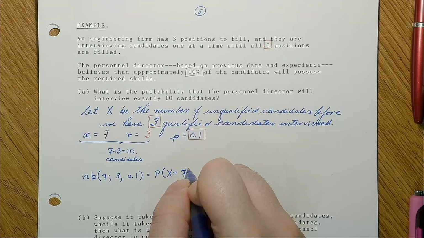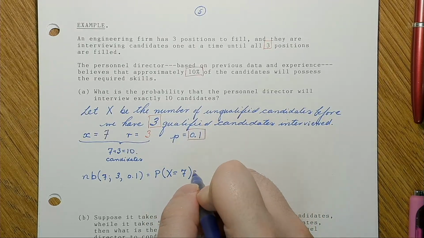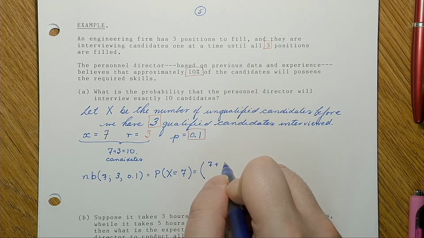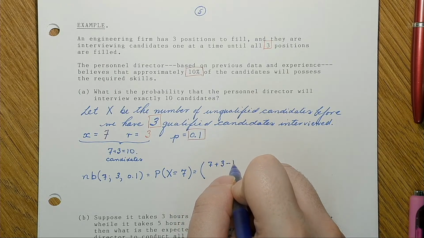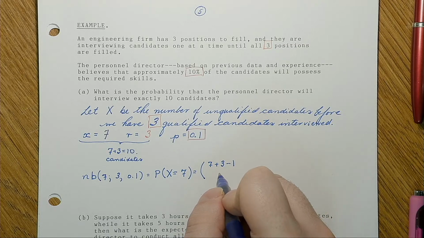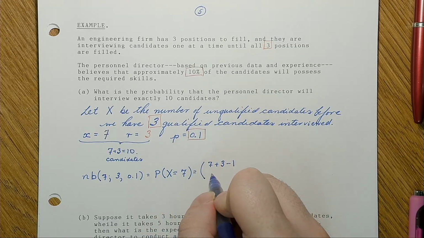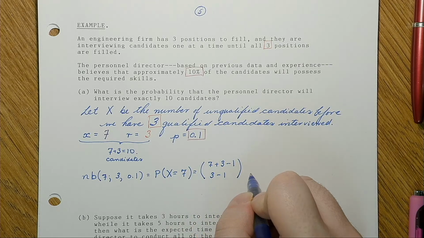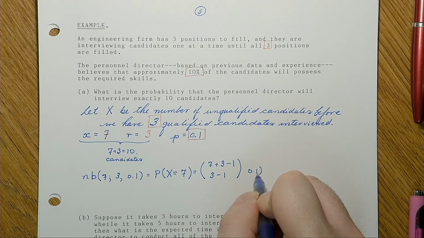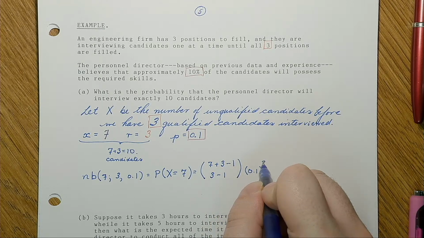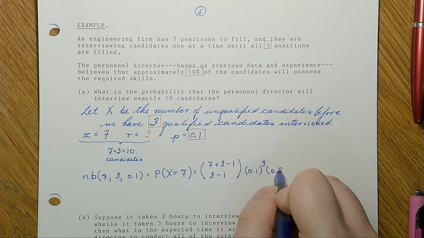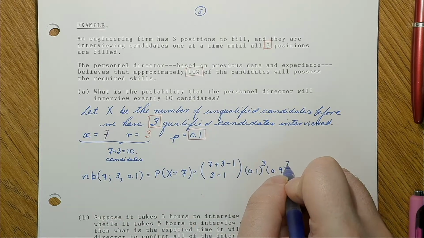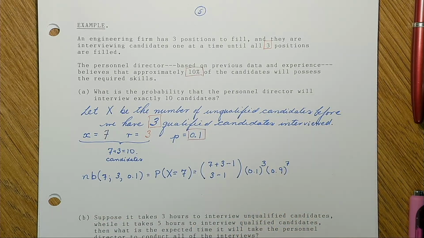So it's x plus r minus 1, choose r minus 1, multiplied by the probability of success to the r, and then the complement, so the failure, to the x.